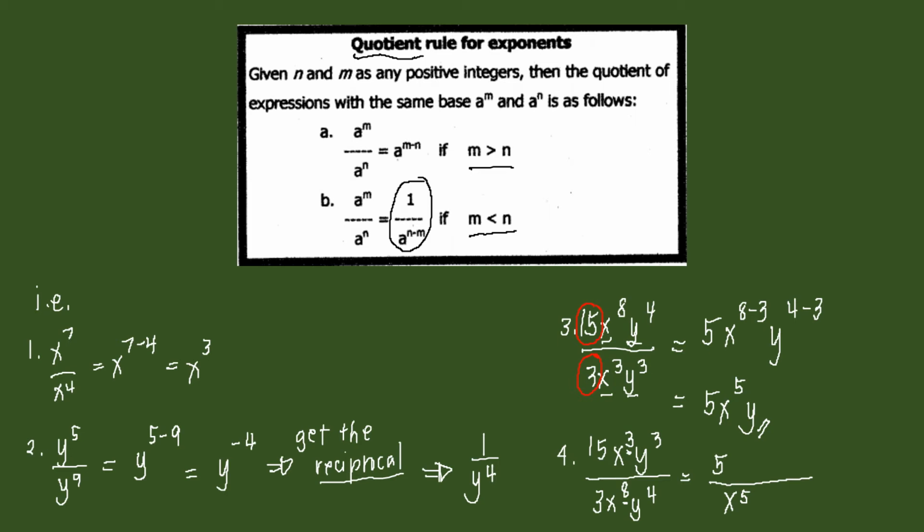Similarly, for y cubed and y to the 4th, 4 is bigger than 3. So if I subtract them, 4 minus 3, I will get 1, but I will write the answer in the denominator because 4 is bigger than 3. Hence, our final answer would be 5 over x to the fifth y.